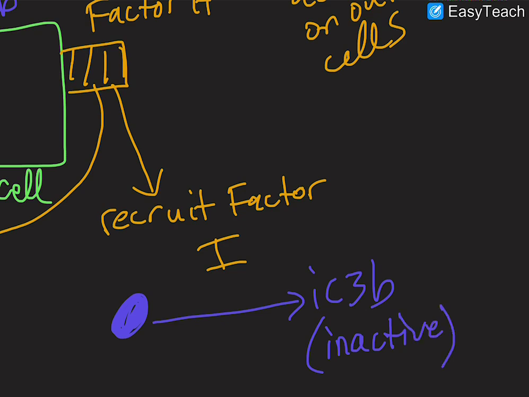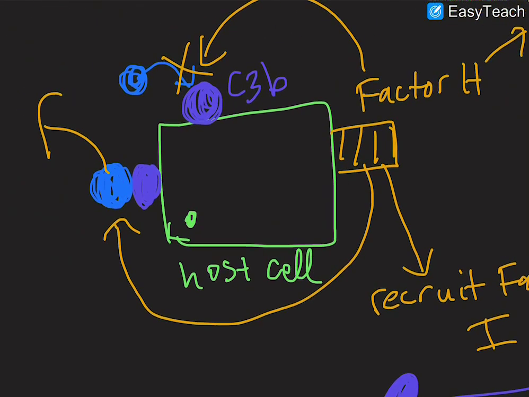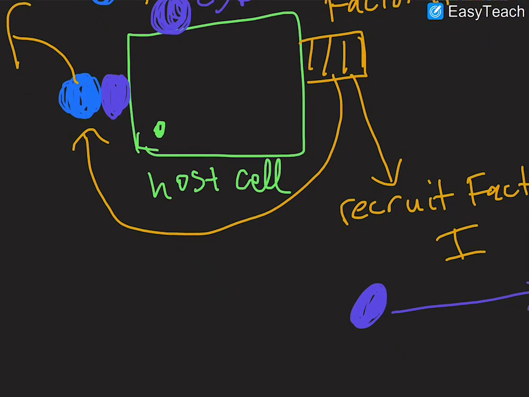So what are the three functions of factor H, or the main three functions that we just talked about, right? One of the functions was it can stop factor B from ever binding onto C3b. Another function is it can help kick out Bb that's bound to C3b, so you have inactive C3 convertase.